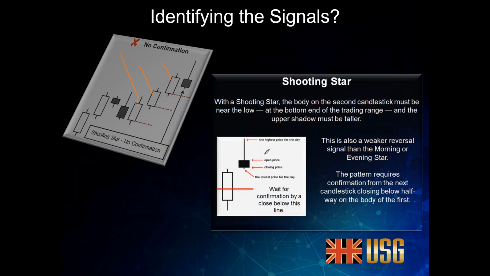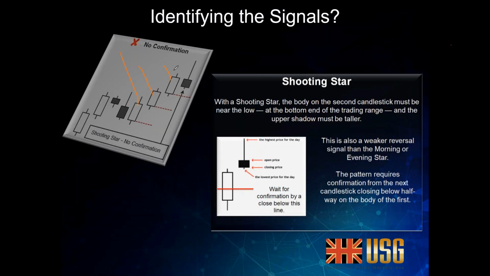A brief description of the shooting star is that the body of the second candlestick must be near the low at the bottom end of the trading range, and the upper shadow must be taller. This is also a weaker reversal signal than the morning or evening star. The pattern requires confirmation. A lot of candlesticks require confirmation.